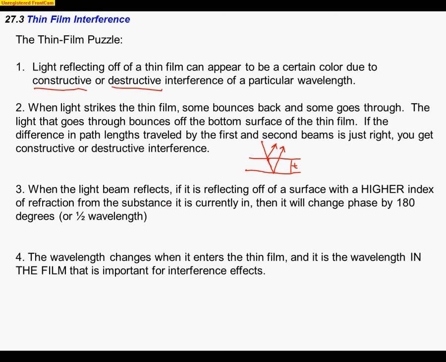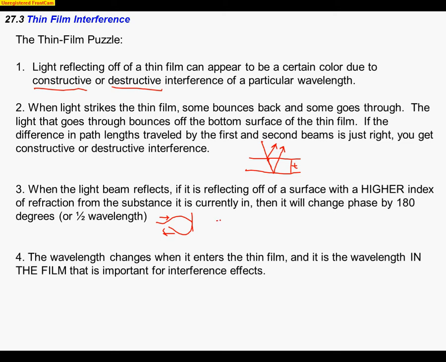So then the next piece of the puzzle. When a light beam reflects, sometimes it reflects back the same way it was coming in, but sometimes it changes phase, just like the wave on a string. We saw when a wave on a string hits a fixed end, it reflects back inverted. Sometimes it doesn't do that.